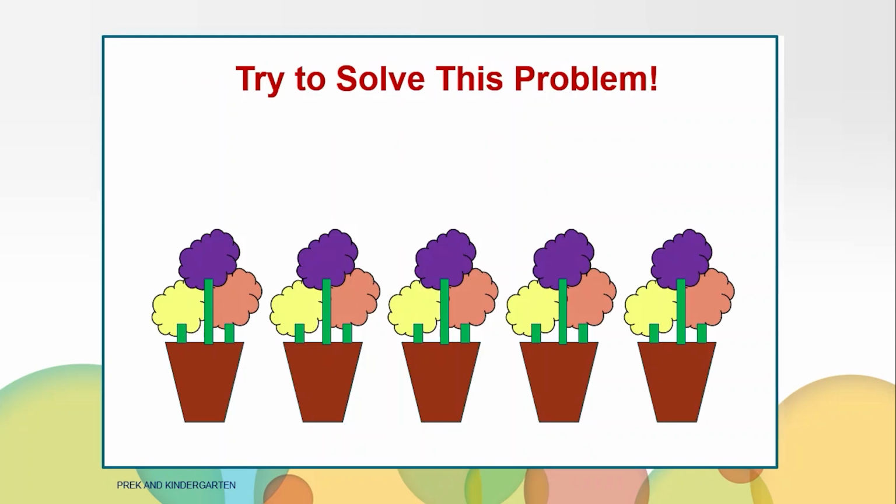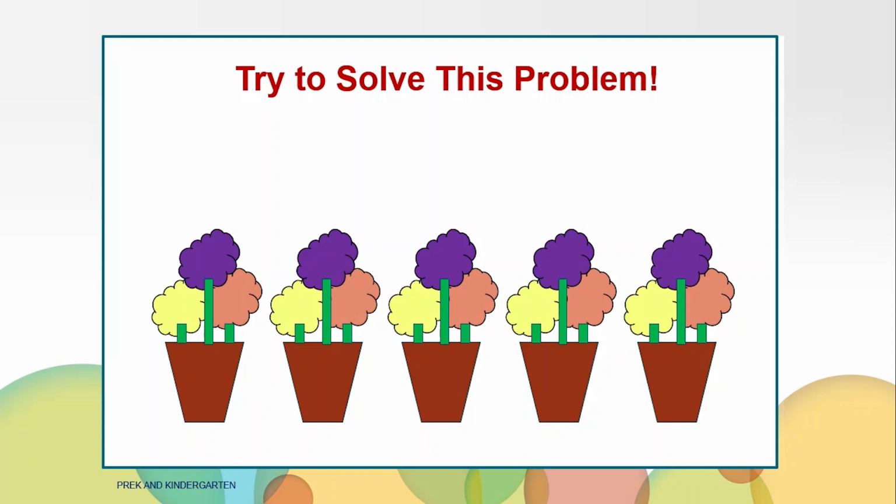This problem is going to be about the plants in the window of the tall building we just looked at. To solve the problem, you can use your paper, crayons, counters, number mats, or any other way you want.